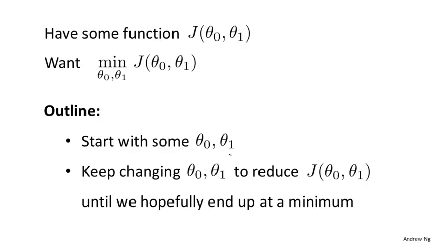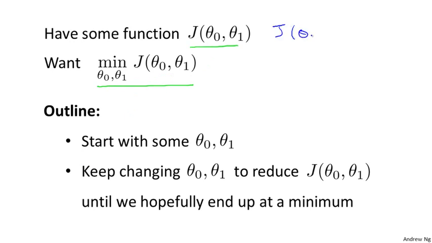So here's the problem setup. We're going to assume that we have some function J of theta 0, theta 1. Maybe it's the cost function from linear regression. Maybe it's some other function we want to minimize. And we want to come up with an algorithm for minimizing J of theta 0, theta 1. Just as an aside, it turns out that gradient descent actually applies to more general functions.